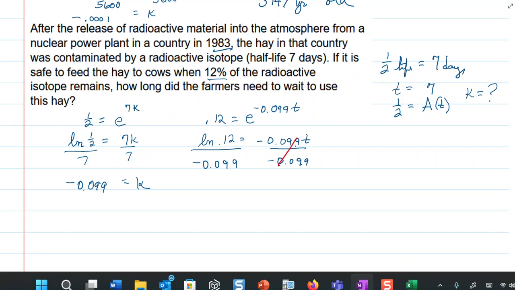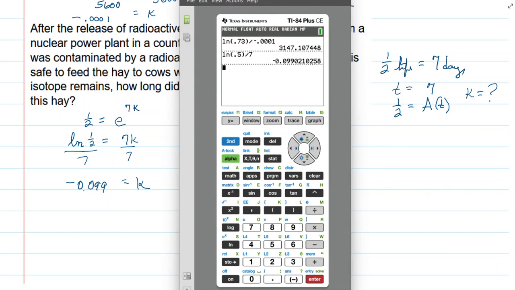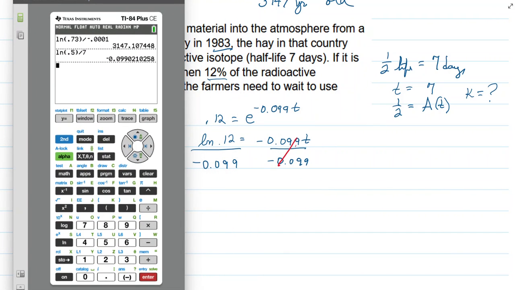Calculator. Decimals, because sometimes my tablet doesn't show it clearly. It looks like 21 days.